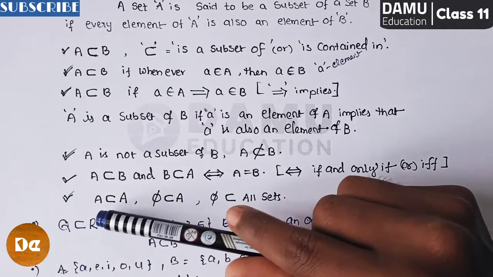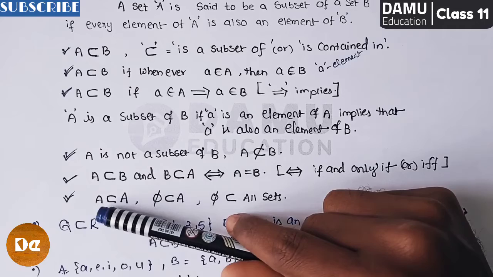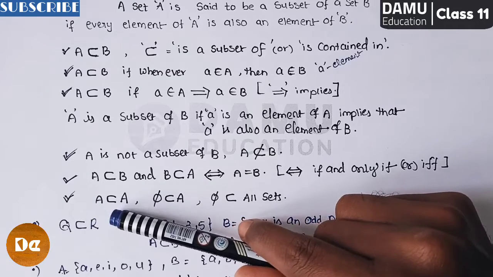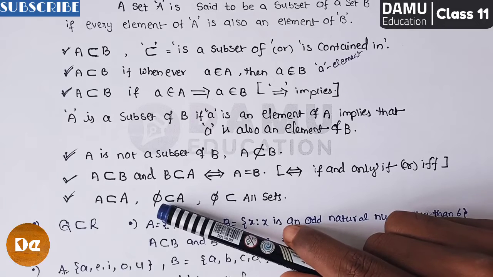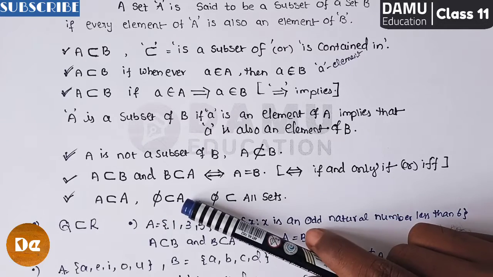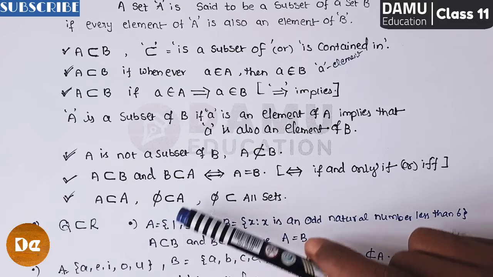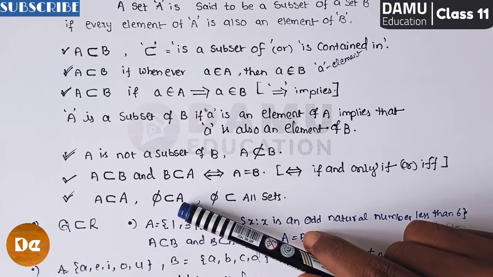Next one. Every set is a subset of itself. And the null set, void set or empty set is always a subset of all the remaining sets. That means every set will contain the null set. There is no element, but you can still say that is a set, right?